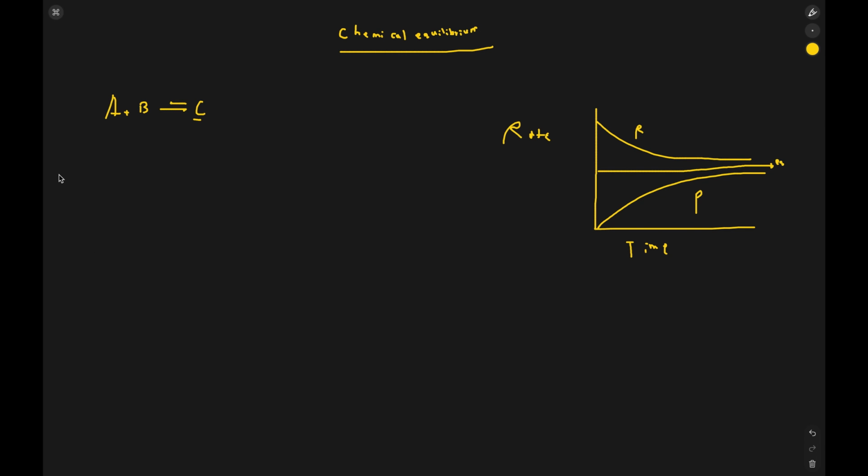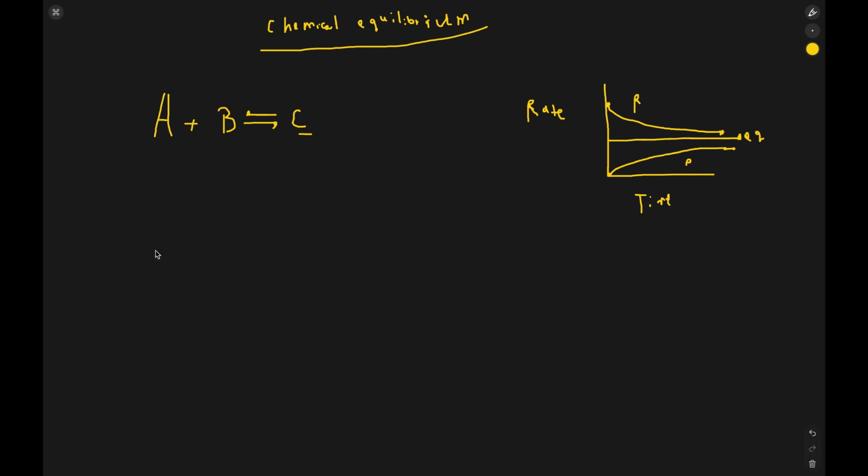Alright, now let's talk about the letter K. Now K is the equilibrium constant, and it equals the concentration of the products over the concentration of the reactants raised to their coefficient.